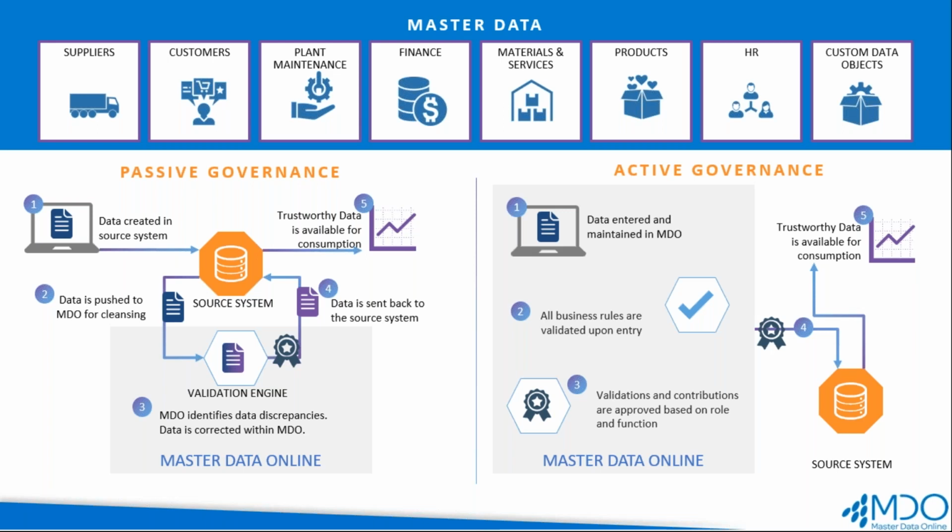One is the passive governance, where the data entry can be through another system, and MDO can be the tool that runs in the background with all the data quality checks and validation engine, making sure that the data is always clean, consistent, and sends back to the target system with the cleansed and standardized records, and that can be consumed by a single or multiple applications or transaction systems that you have in place.